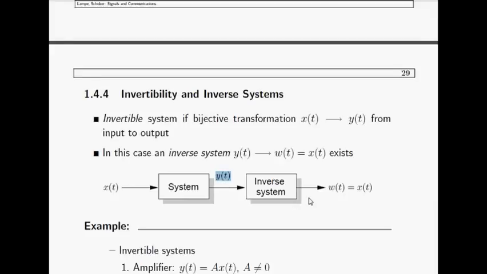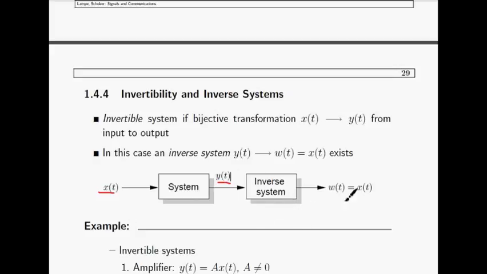Here you can see that this was my initial input and this was my first output. If I pass this output through this system, called the inverse system, I'll get w(t) as my output, which equals x(t).